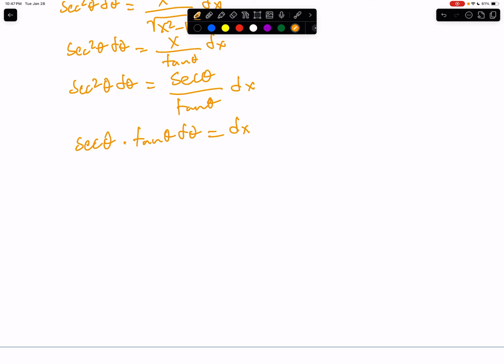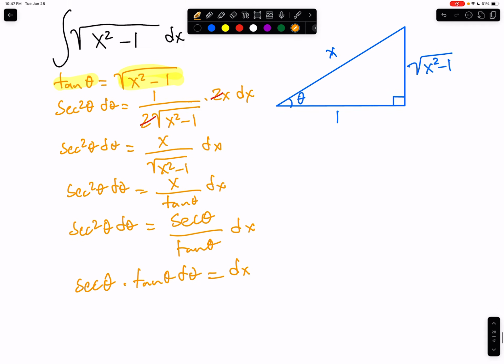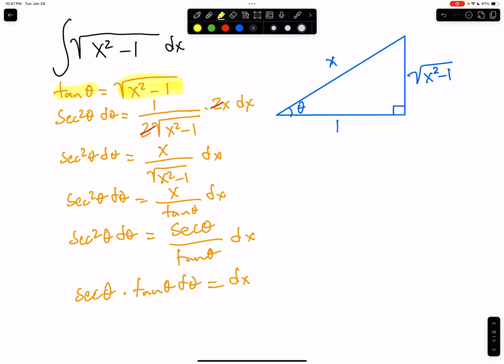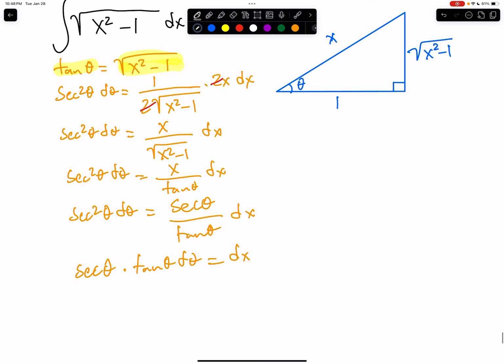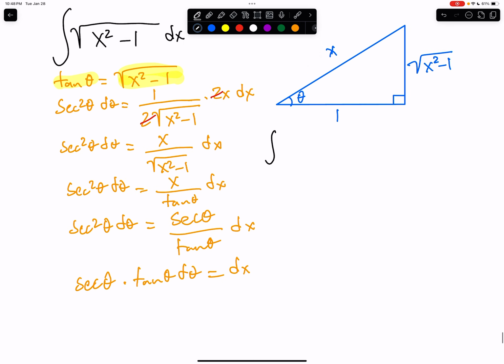So now, rewriting the integral we were given into trig, we'd get the integral of tangent of theta, because that's the square root of x squared minus 1, times our dx. Now, dx is secant of theta times tangent of theta d theta. So this will be times secant of theta times tangent of theta d theta.